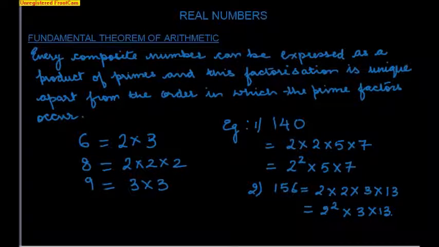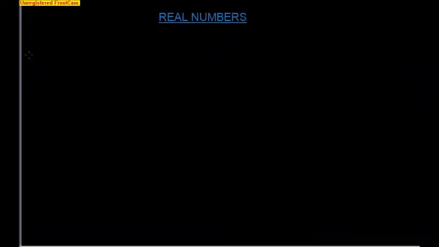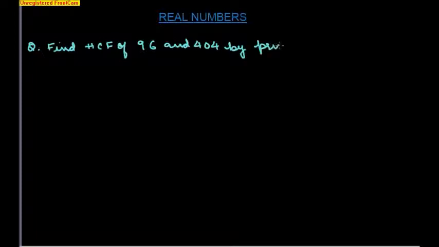We can use the fundamental theorem of arithmetic for finding out the HCF and LCM. Let us see how. I have a question: find the HCF of 96 and 404 by the prime factorization method.